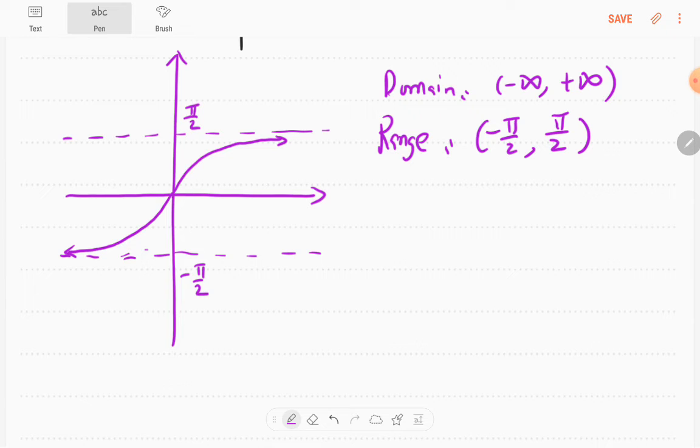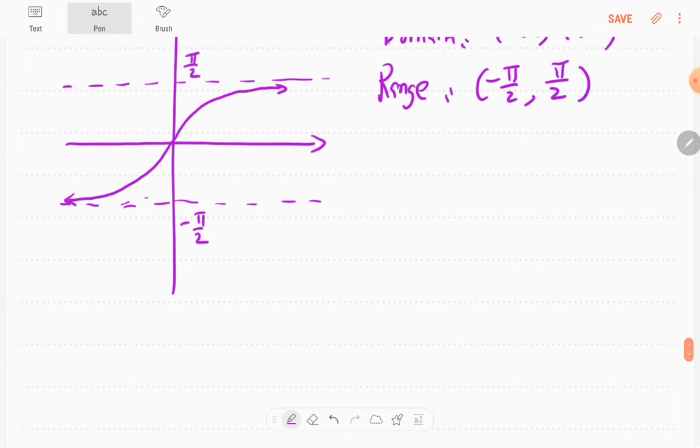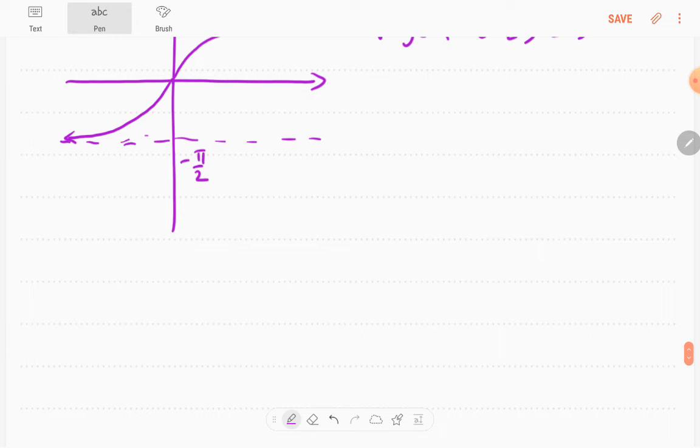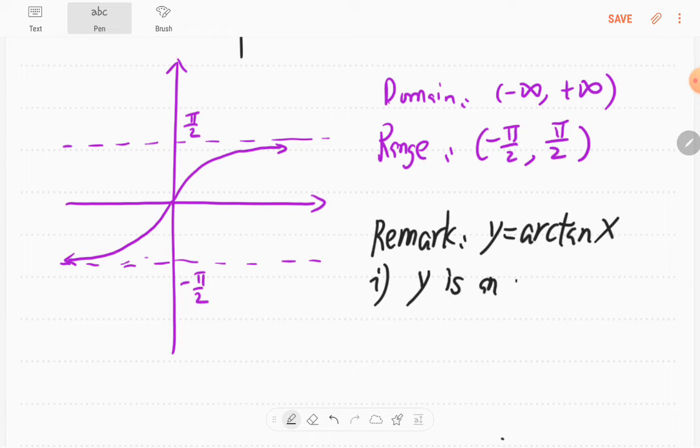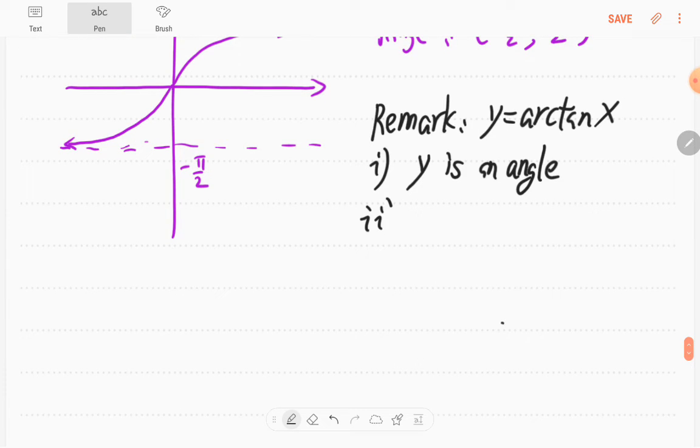Okay, so now let's look at the remark. Again, y equals arc tangent x. The first thing, this y is an angle. The second thing, what kind of angle? If you take the tangent value of this y, it should be equal to x.